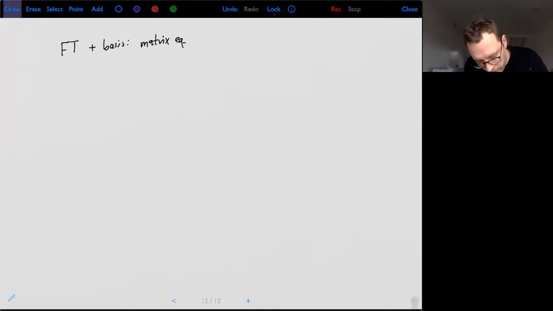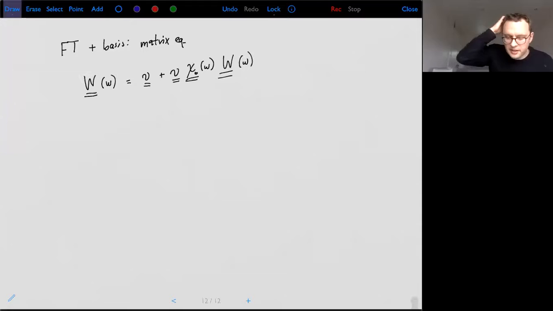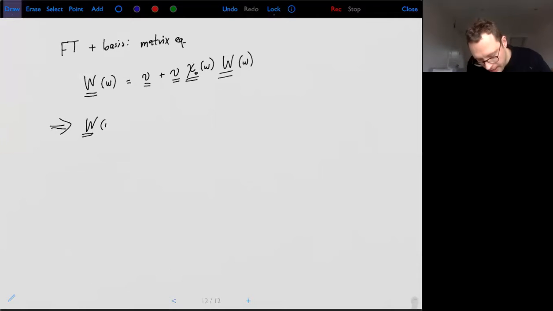which looks as follows. So we have our matrix for the screened interaction, which is equal to our matrix for the bare interaction plus V chi0(omega). Right, so we've just transformed this into a matrix product, and I can rearrange this. I can solve for the screened interaction, and it will look like this.